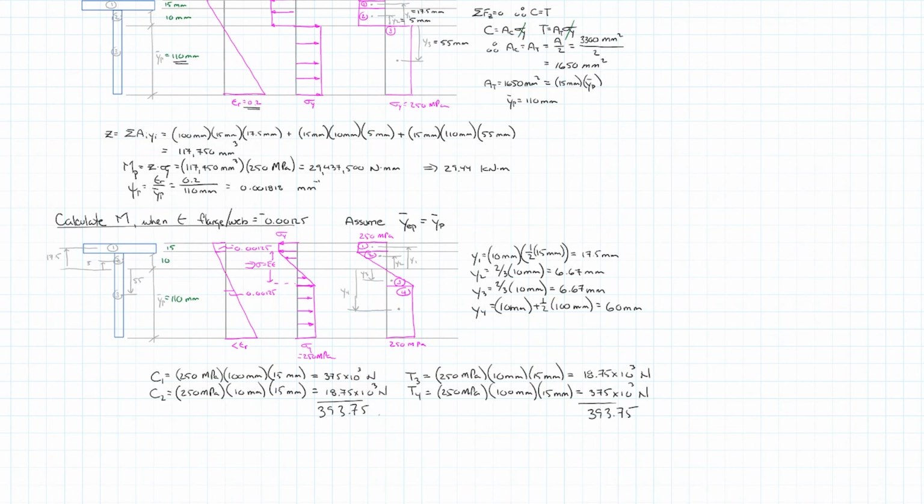So to get the capacity at this condition of loading, we do the sum of the moments about the neutral axis, equal to our force components for each of those areas.